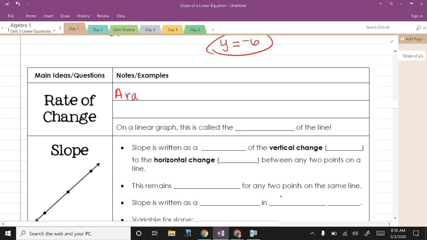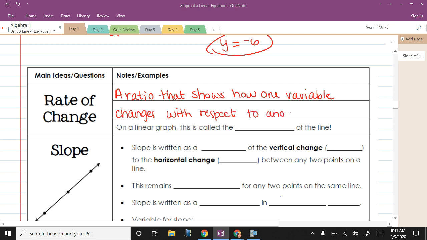A ratio that shows how one variable changes with respect to another. Rate of change is a ratio that shows how one variable changes with respect to another.